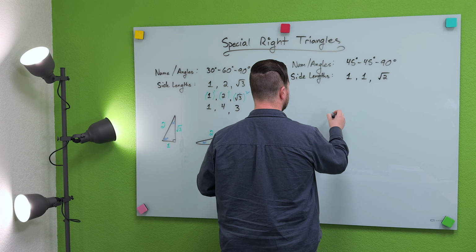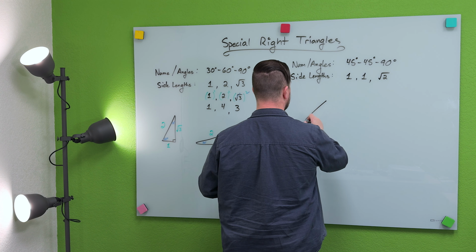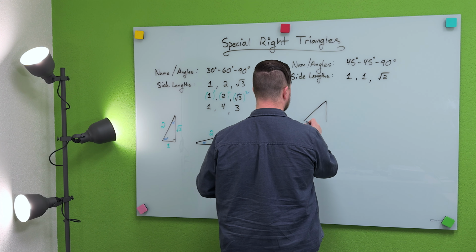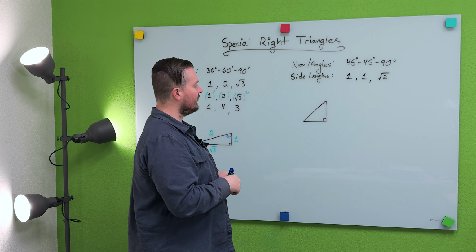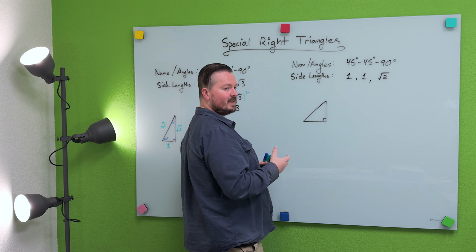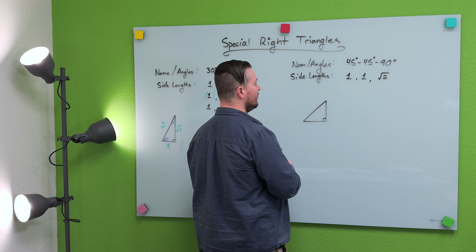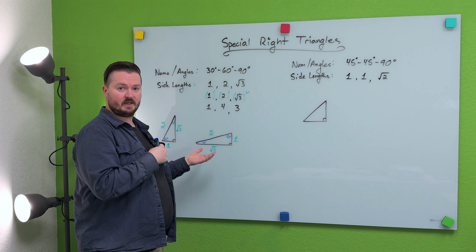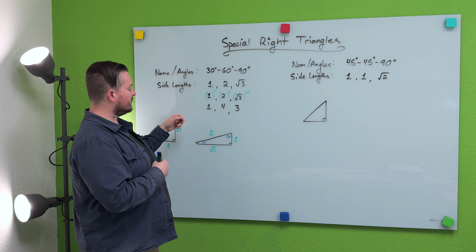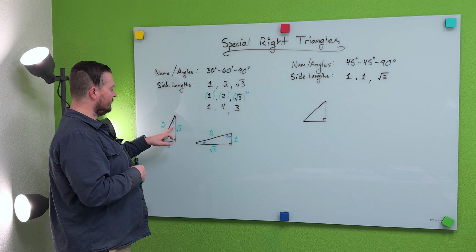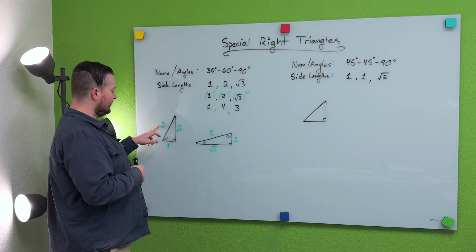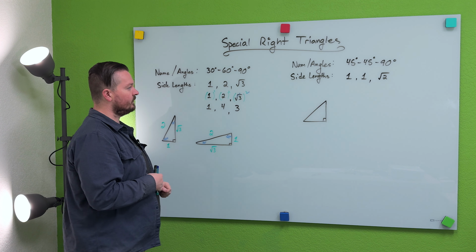remember. So for the 45, 45, 90, we have a right triangle, and I will take this one a little bit faster. As you know, if you recall what I discussed here, the smallest side is always across from the smallest angle. The largest side is always across from the largest angle.